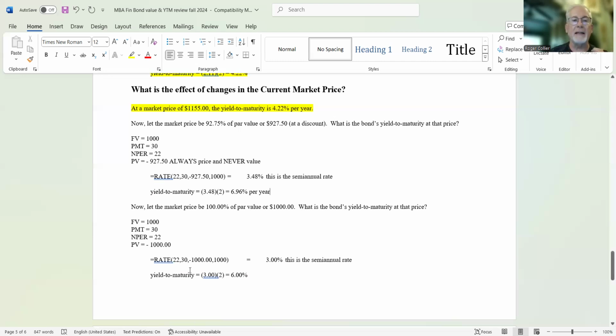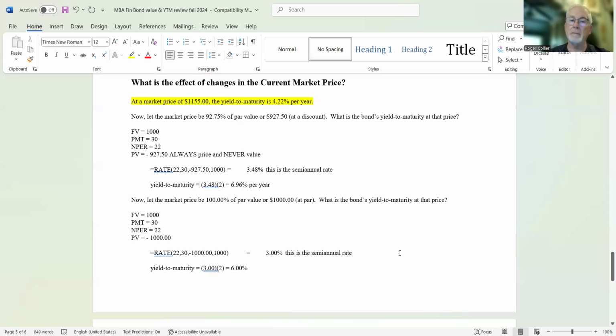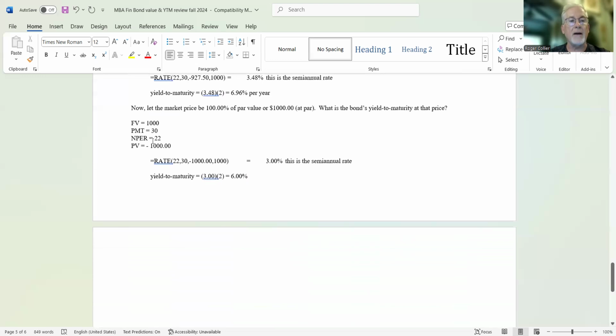Okay, and finally, what if the market price is 100% of par value, or in this case, exactly that $1,000 par? In other words, it's selling at par. What is the yield to maturity? Well, let's see. We put 1,000 here, right? This is always price and never value.